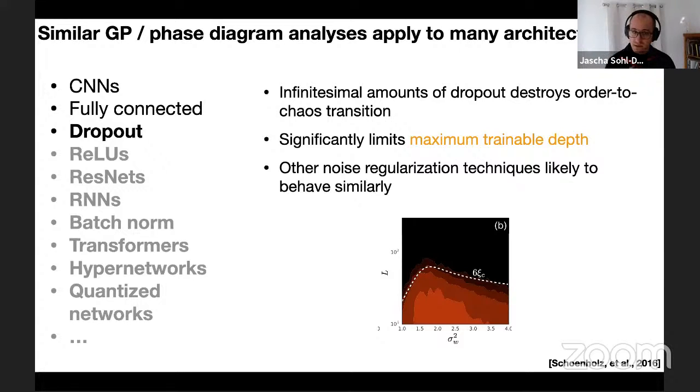This is likely suggestive for why dropout works great for shallow networks or on side chains in ResNets, but does not work, for instance, on the recurrent path in RNNs or in other situations where you try to apply many layers in a row with dropout. This is also, by the way, likely a qualitative behavior that would be seen for most other approaches to noise regularization.